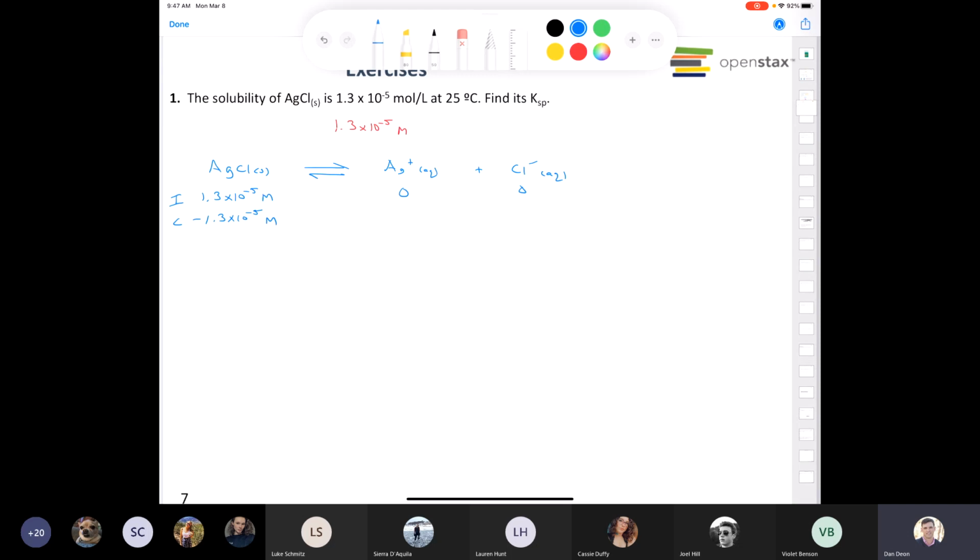Beyond that, it wouldn't dissolve, but this is how much can dissolve. So we're going to form 1.3 times 10 to the negative 5 molar silver ions, and 1.3 times 10 to the negative 5 molar chloride ions. So at equilibrium, we have no silver chloride. We have 1.3 times 10 to the negative 5 molar silver ions and 1.3 times 10 to the negative 5 molar chloride ions.